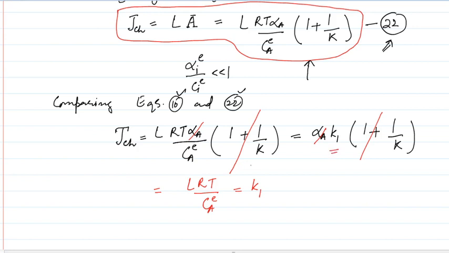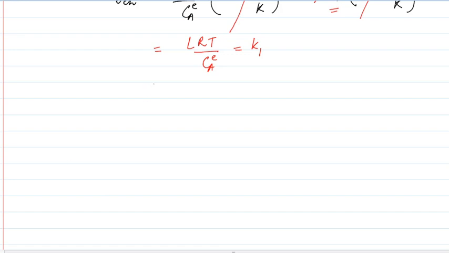Or we can write the phenomenological coefficient out of this equation. L will be equal to simply K1 CA equilibrium upon RT.